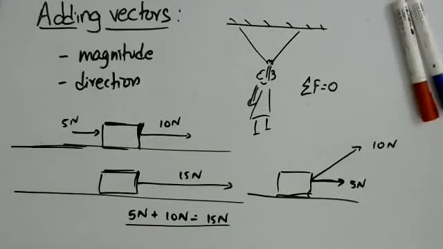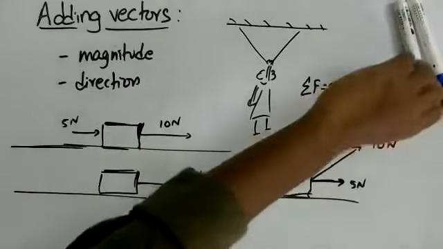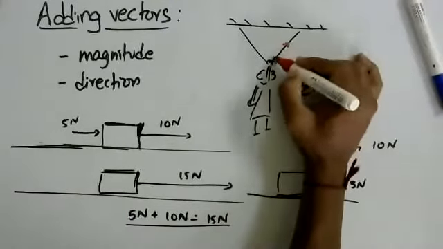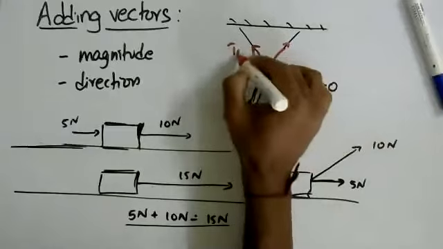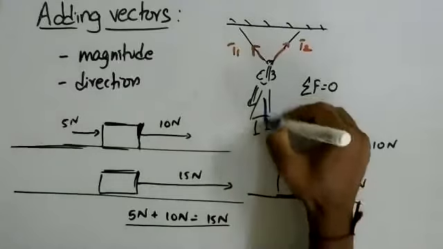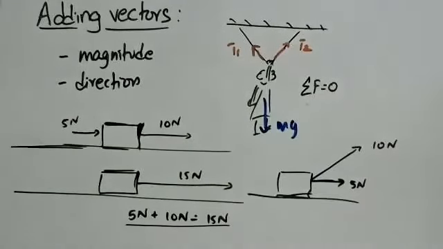Today we'll discuss how we add vectors to understand something we had discussed a little earlier, the Nelly-Newton situation, where we were trying to figure out if a person hangs with her hand on a rope, then we can say that if sigma F is equal to 0, the forces acting are the forces of tension along the rope, countered by the gravitational pull on this person.